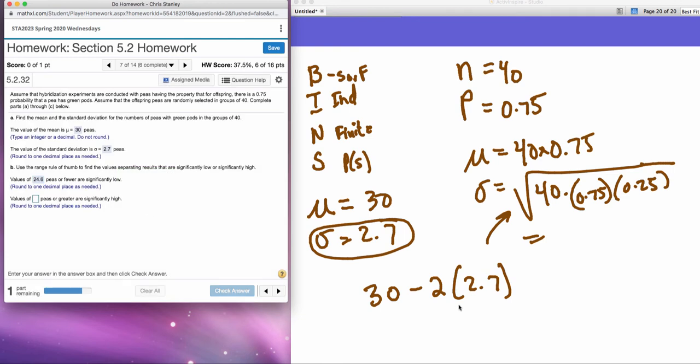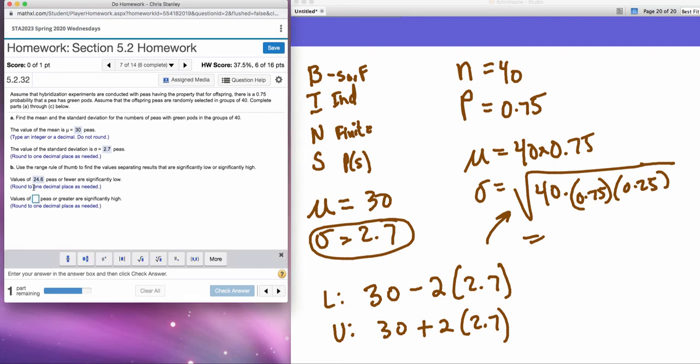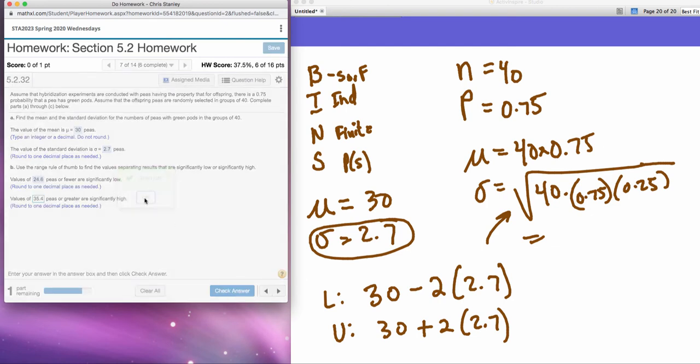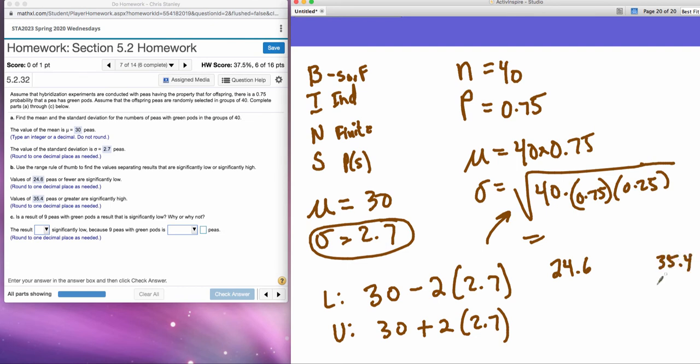The upper is going to be the same thing: 30 plus 2 times 2.7. It's the same rule we learned last test. That's 35.4. So this is my lower and this is my upper. Anything outside of here is considered significant.